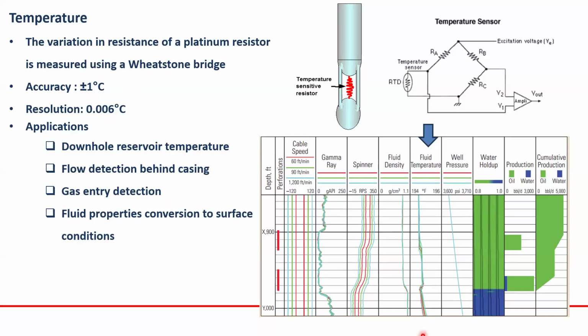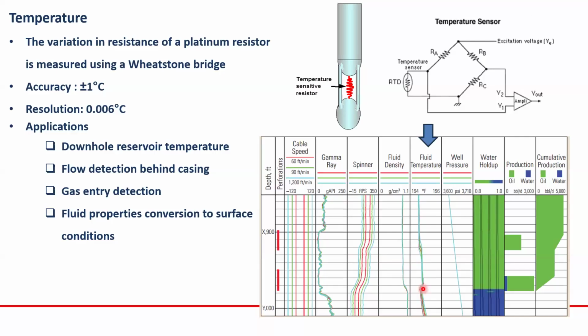Okay, so as you see here, the fluid temperature, when you have oil entry here, increases a little bit, and the water here, because it is not dynamic, has a higher temperature, and the oil here is less than water. So you can know exactly where the oil is and where the water is.